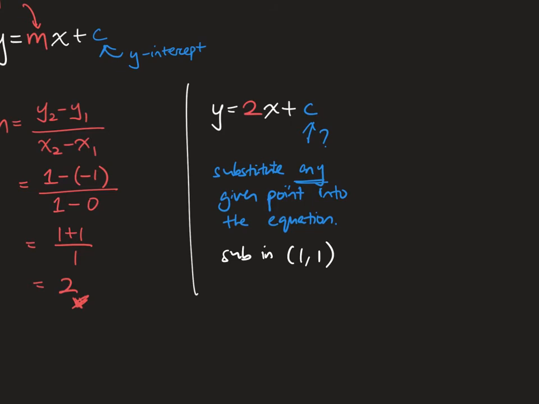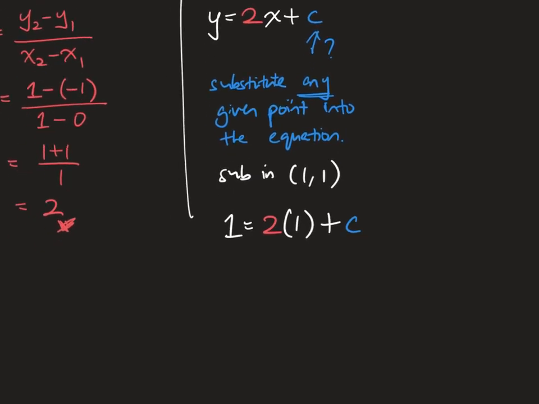So x equals 1, y equals 1. So 1 equals 2 times 1 plus c. Oh, there we go. 1 equals 2 plus c. And so c is equal to -1. There we go. We found our c.